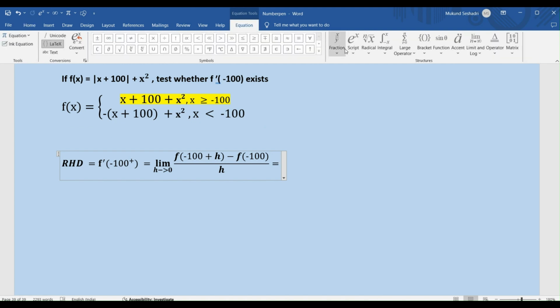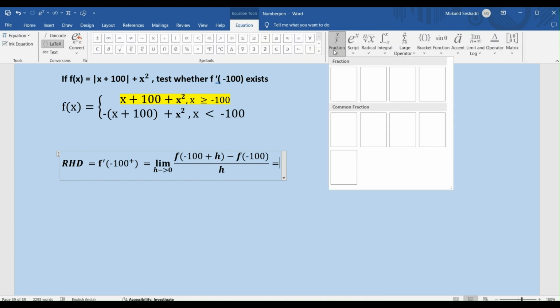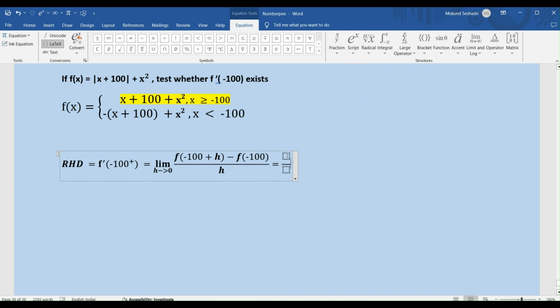So let's write that out. And in place of x, I have minus 100 plus h, right? So let's substitute wherever we have x by minus 100 plus h, right? And then we have our f of minus 100, right?